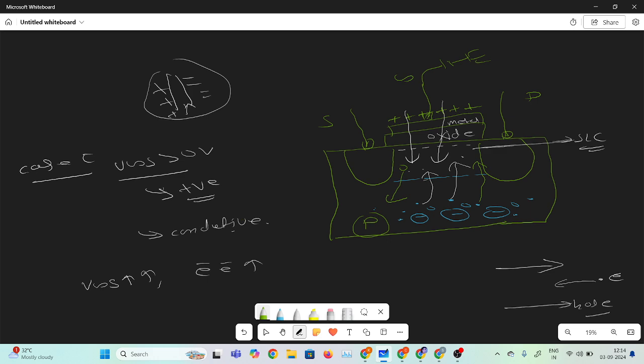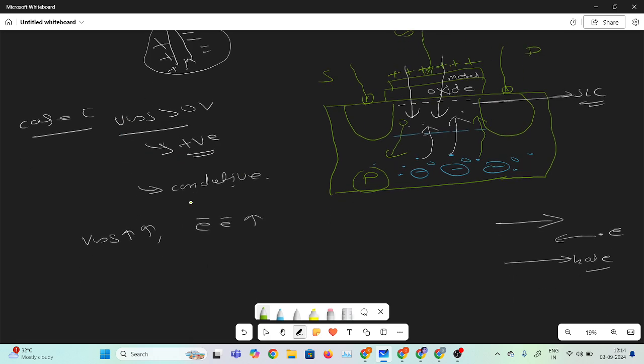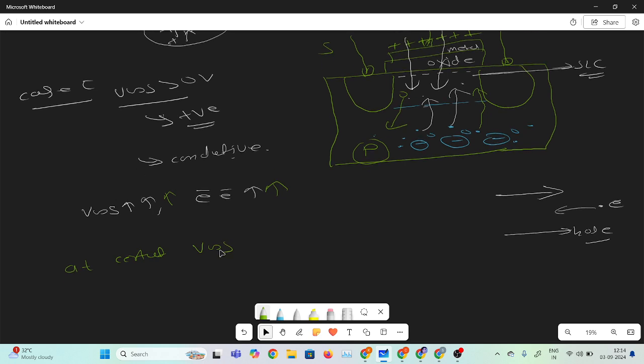If we increase VGS more and more, more electrons will come. At a certain voltage of VGS, a sufficient number of electrons will come into the channel. That voltage is called the threshold voltage, and the channel will go inverted.